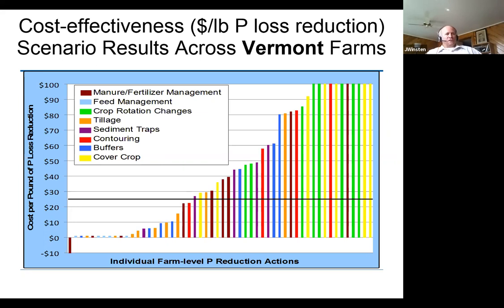On some of their fields, they had high soil phosphorus. They didn't need extra phosphorus. And in the 20-10-10, obviously there's 10% phosphorus. So the technician and the farmer together came up with the idea that the farmer, instead of 200 pounds per acre, would put down 50 pounds per acre of 20-10-10, and then use urea to make up the difference for the nitrogen needs for the corn.